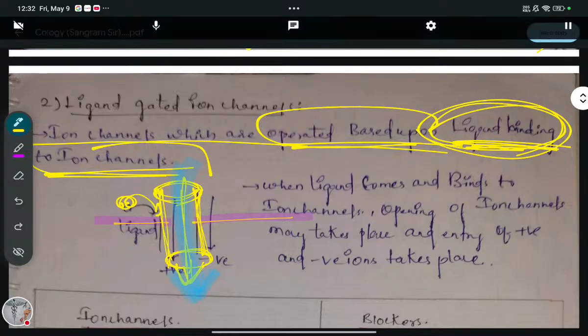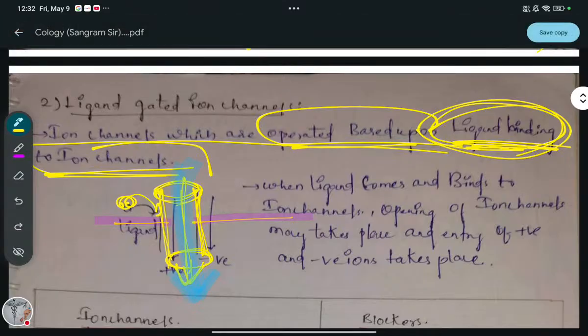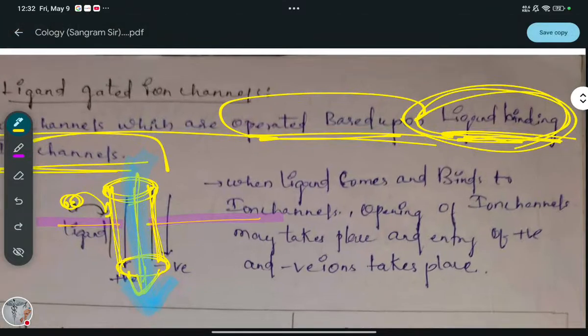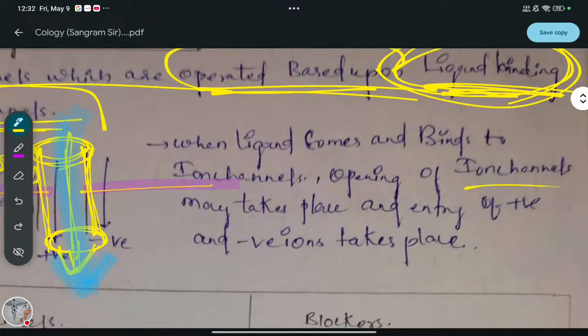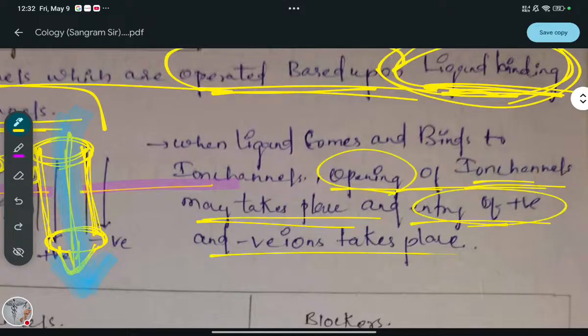Now we will see the different types of ligand binding. When a ligand comes and binds to the ion channel, opening of the ion channel may take place, and entry of positive ions or negative ions also takes place.